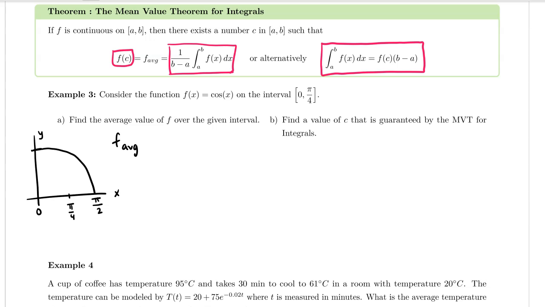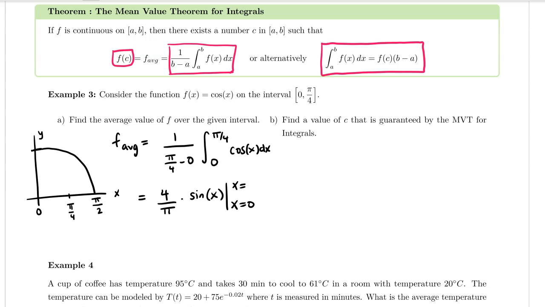So that is equal to 1 over pi over 4 minus 0 times the integral from 0 to pi over 4 of the function cosine of x dx. If I simplify my fraction, we get 4 over pi, and then the antiderivative of cosine is sine of x. And I'm evaluating this from x equals 0 to x equals pi over 4.